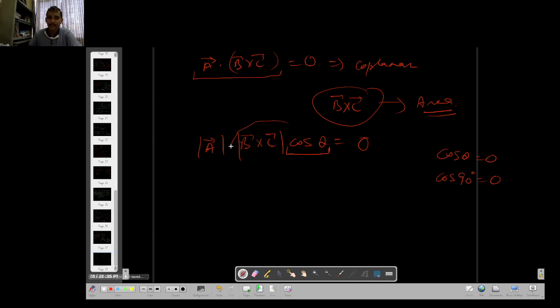Cos theta will be 0 means cos of 90 degrees will be 0. And say its unit vector is n cap and A vector is like this. So the angle between A vector and n cap will be 90 degrees.